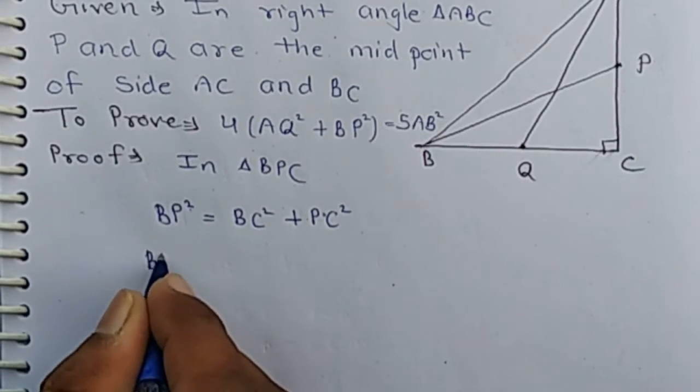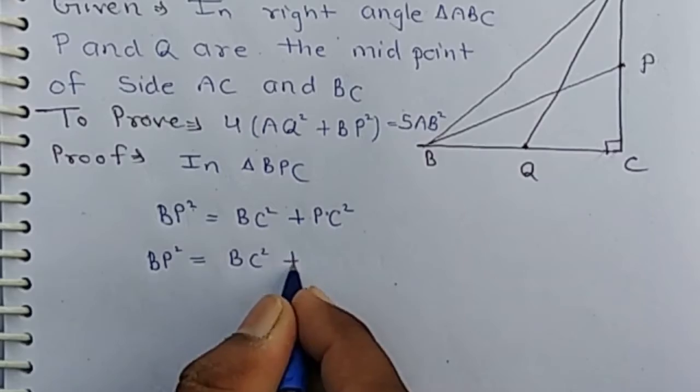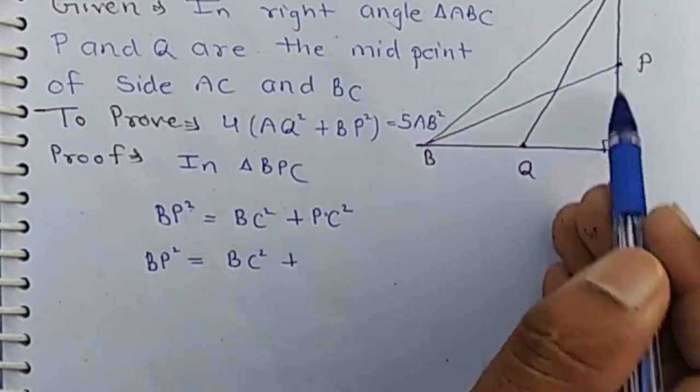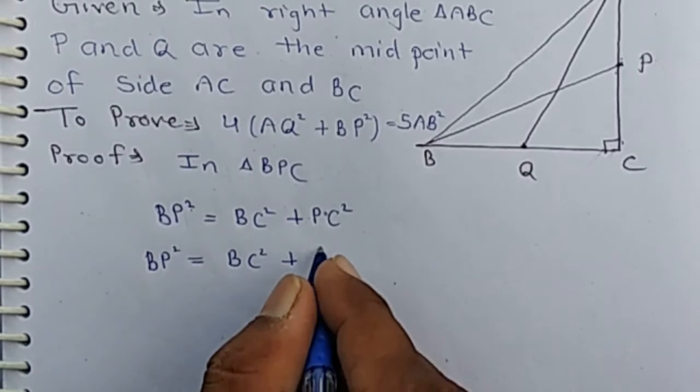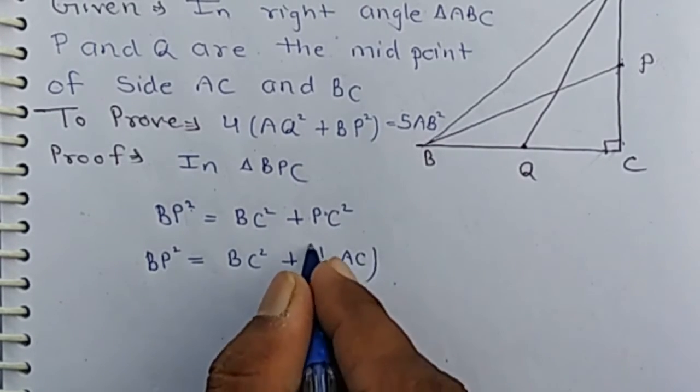Since P is the midpoint of AC, PC is half of AC.